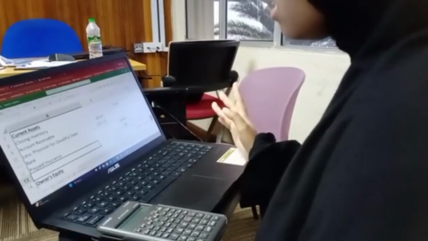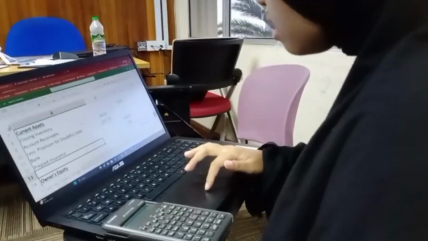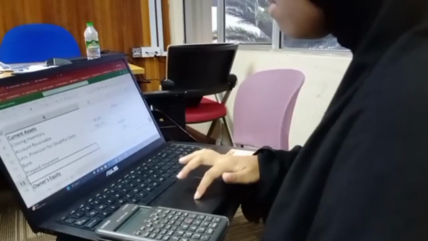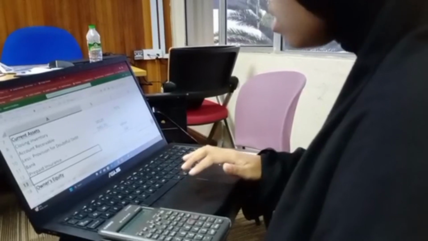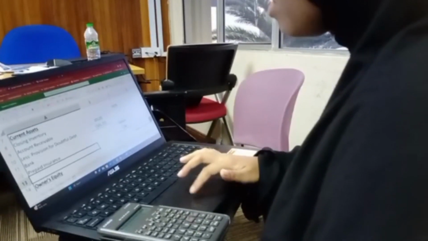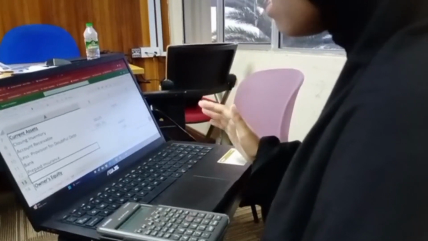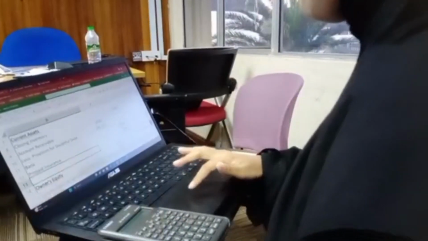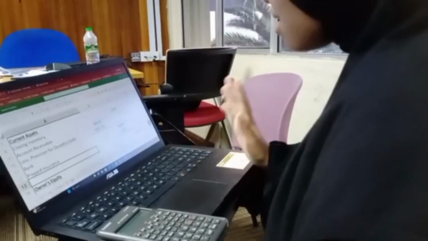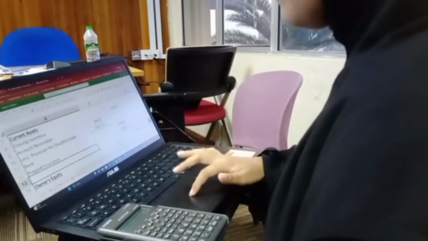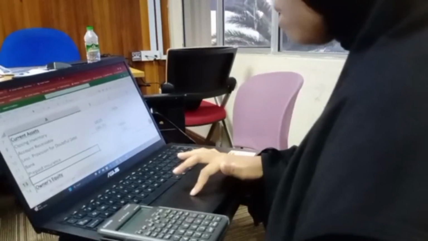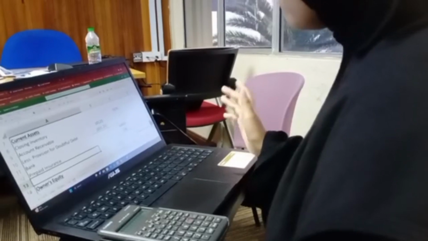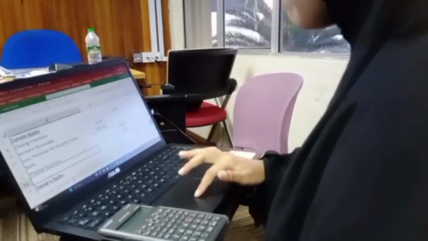Okay, next we want to count the current asset. We have closing inventory, account receivable, provision for doubtful debt, bank and prepaid insurance. The total for provision for doubtful debt we got from 1% of account receivable.